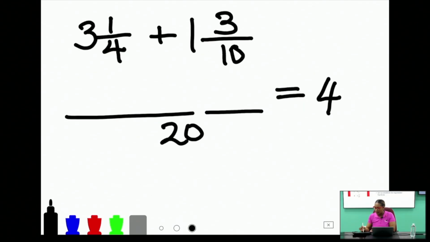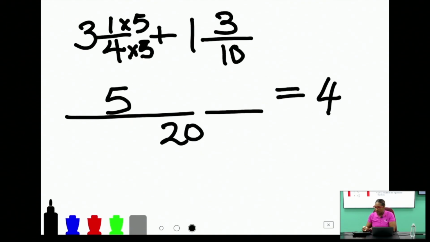So I'm going to put my quarter. 4 into 20 goes 5 times. So in order to change my fourths to twentieths, I multiply 4 by 5, which gives me 20. I must do it to the numerator as well. 5 times 1 gives me 5. So I've rewritten my fraction, a quarter, as 5/20.